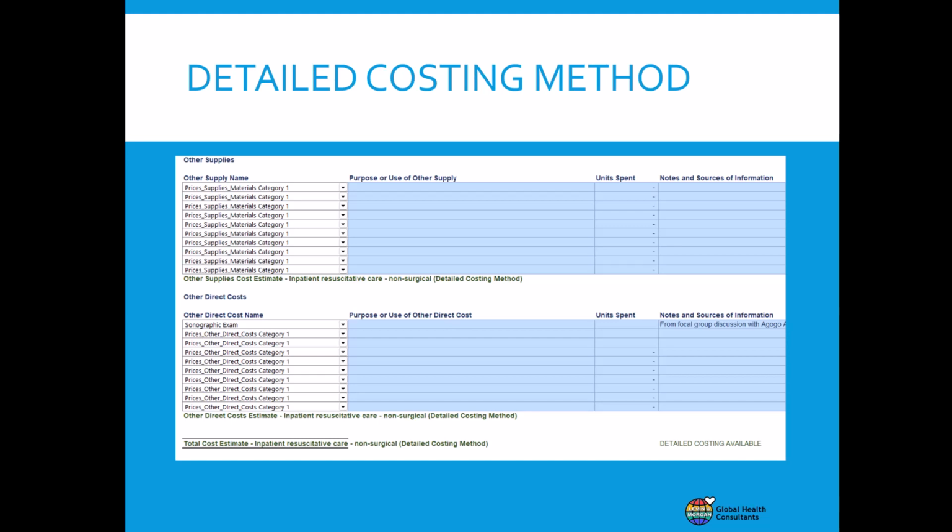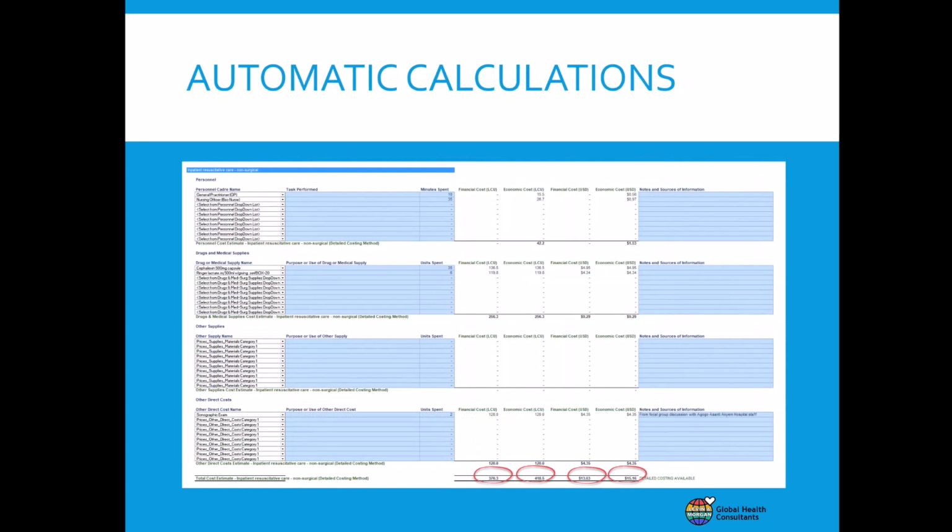Once we've completed that, the tool will automatically calculate the total cost estimate for each procedure in the financial and economic costs, as well as local currency and US dollars.